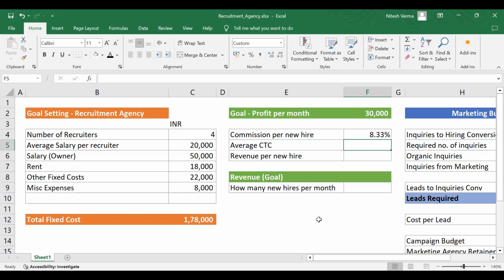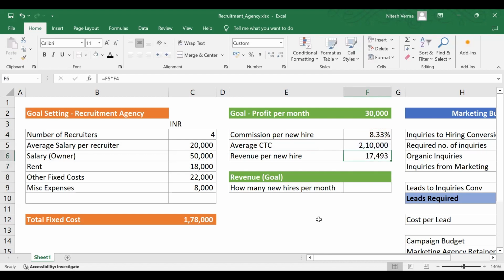And for the kind of profiles this agency hires, let's say the average cost to company for every new hire is 210,000. So the revenue per new hire is this multiplied by 8.33%.